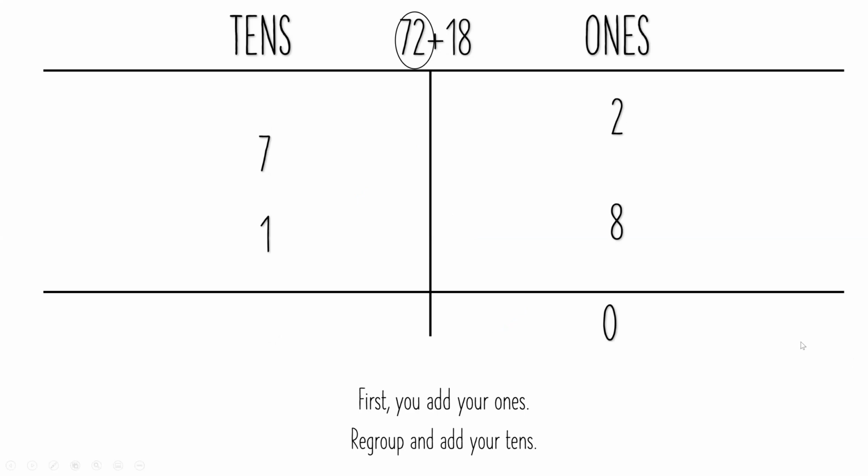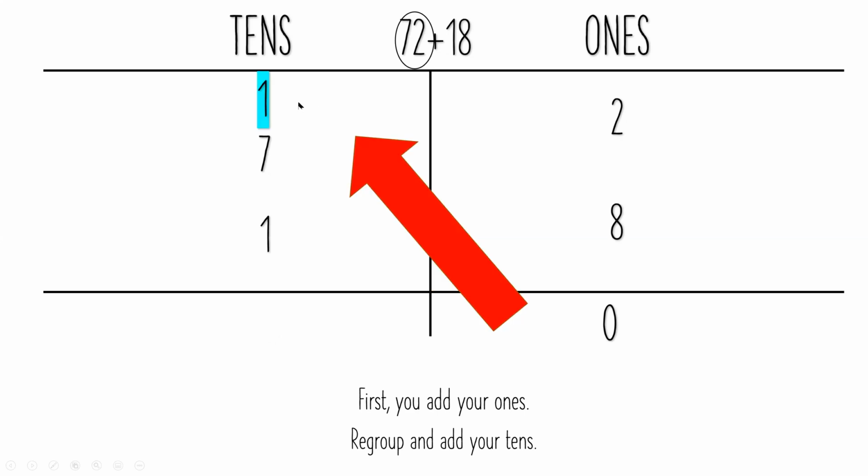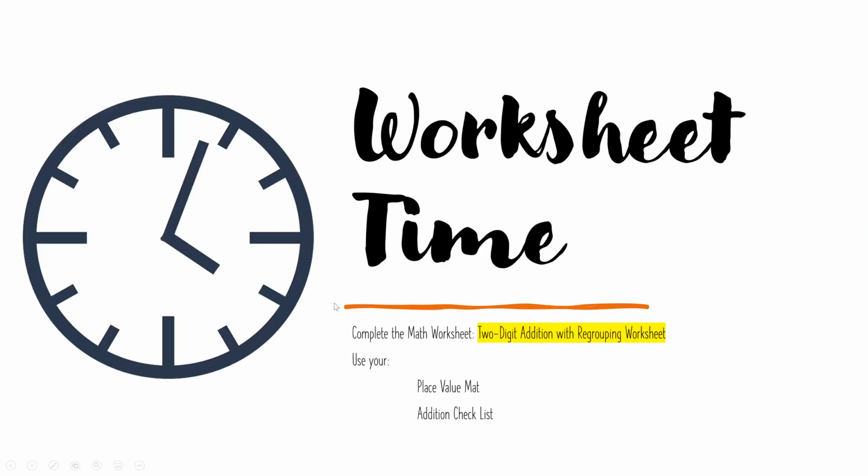So we put the 0 into our ones column, and then the number 1 from the 10, we're moving it over to our tens column, and now we're adding 7 plus 1 plus 1, which is 90. Hope you take a picture of some of your work. All right. So for today, you guys can pause the video, and now you are going to complete your worksheet of 2-digit addition with regrouping, and you're going to use your place value mat and your addition checklist.